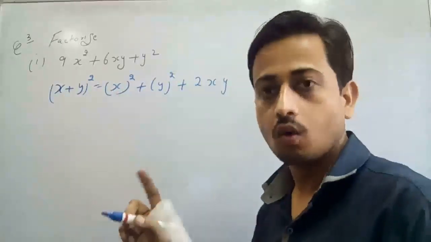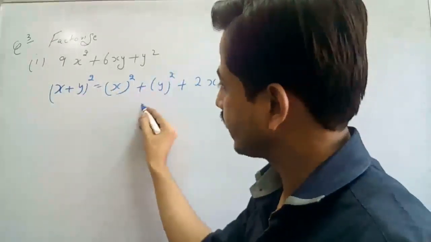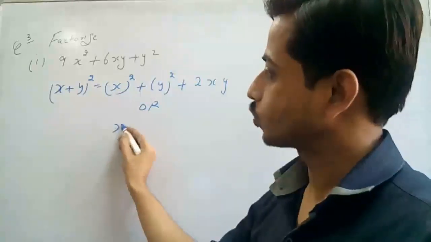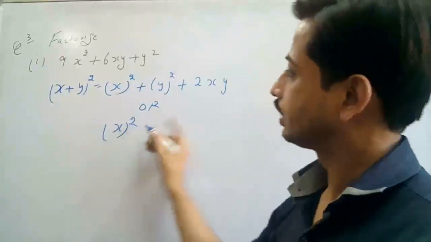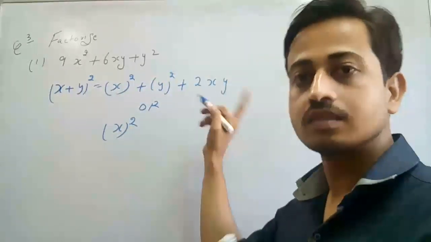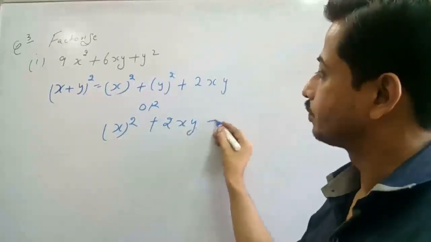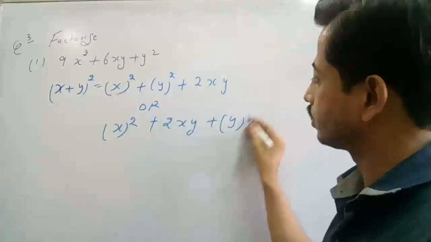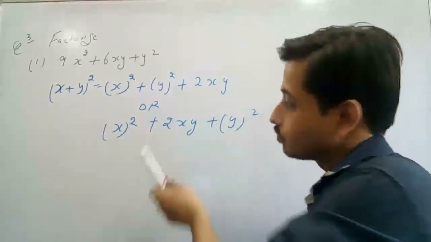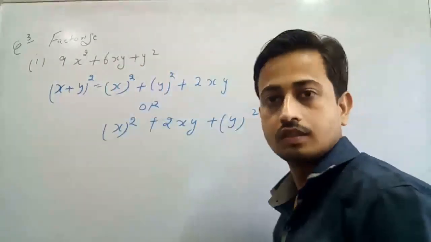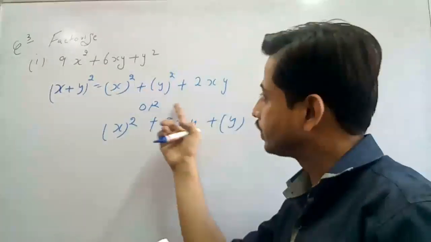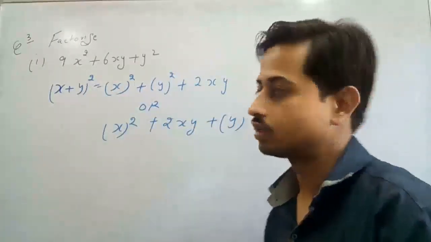You can change the order also. It means you can also write it as x square plus 2xy plus y square, because the equation is in this format, with 2xy written in between x square and y square.